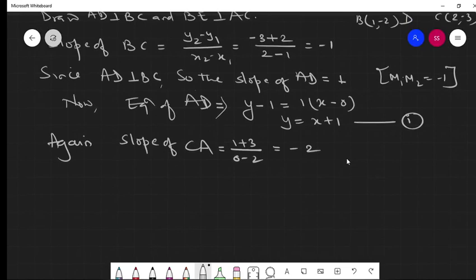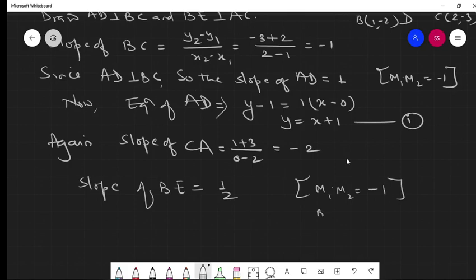After finding the slope of CA, we can find the slope of BE, which is 1 by 2, since m1 times m2 equals minus 1, because BE is perpendicular to AC.